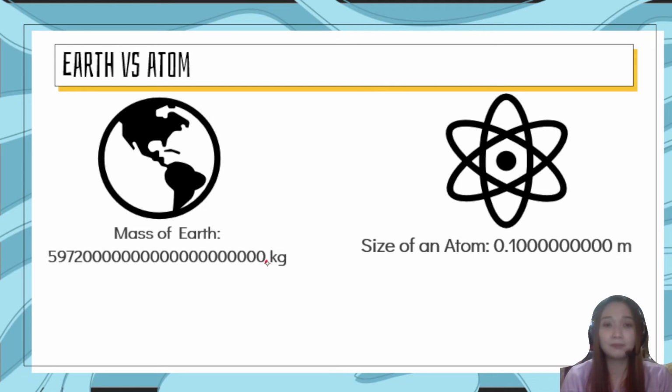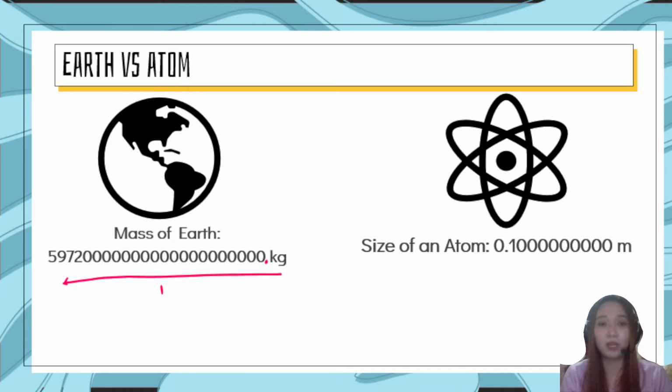Kapag ang decimal point mo is at the end of the digit and you want to eliminate zeros from the left part, kunwari ito yung point value mo, tapos nandito yung decimal point mo, eliminate mo yung part na to, which is towards the left. Papunta sa left. So, ang gagawin mo, i-move mo yung decimal point mo papunta sa left. So, bibilangin mo kung ilang beses ka nag-move.